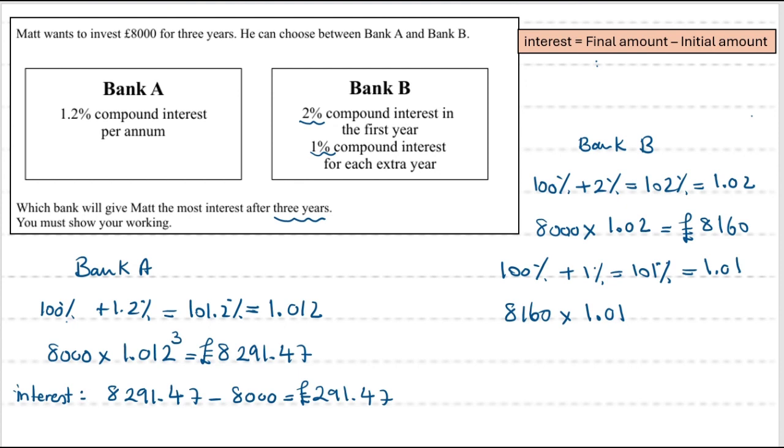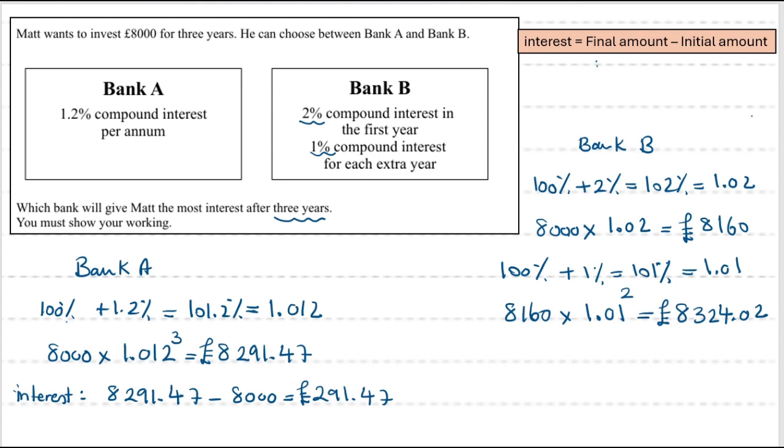So we've used 1 year out of 3 years. There are 2 years left. So we write raised to the power of 2. And that gives us 8,324 pounds 2 pence. So that's the final amount after 3 years in Bank B.